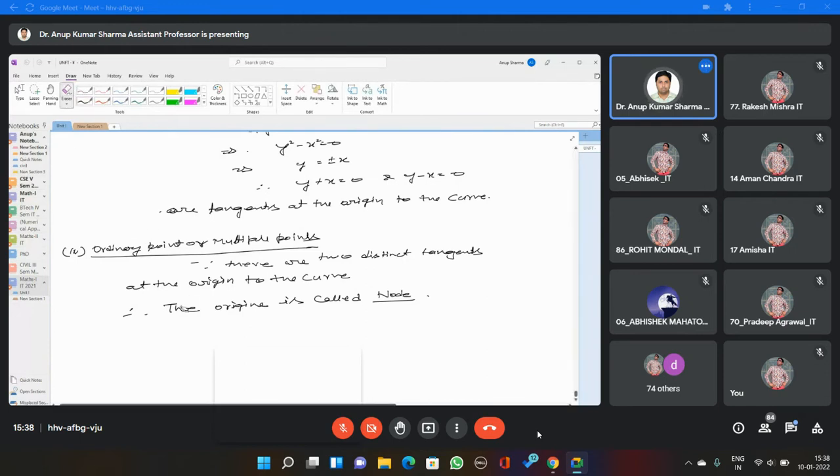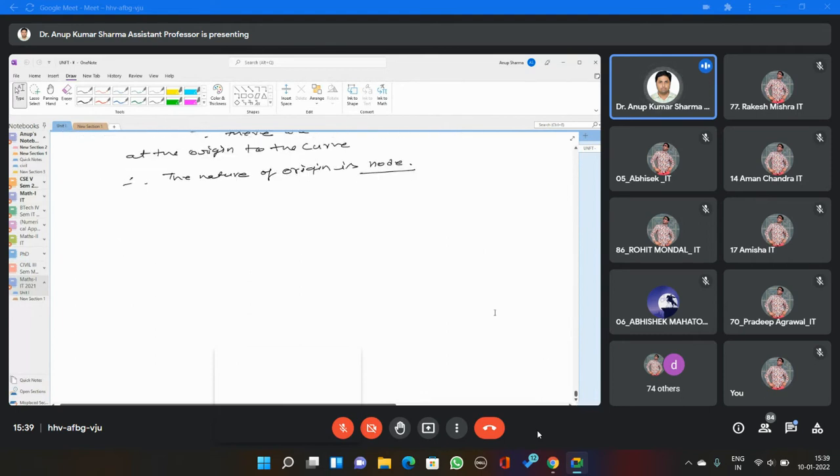It's better to write the nature of origin, therefore, the nature of origin is node. Okay, it is very important. That is a double point.